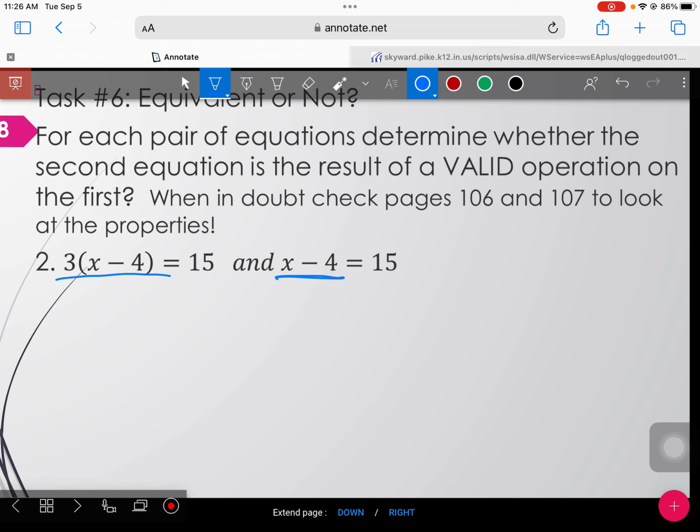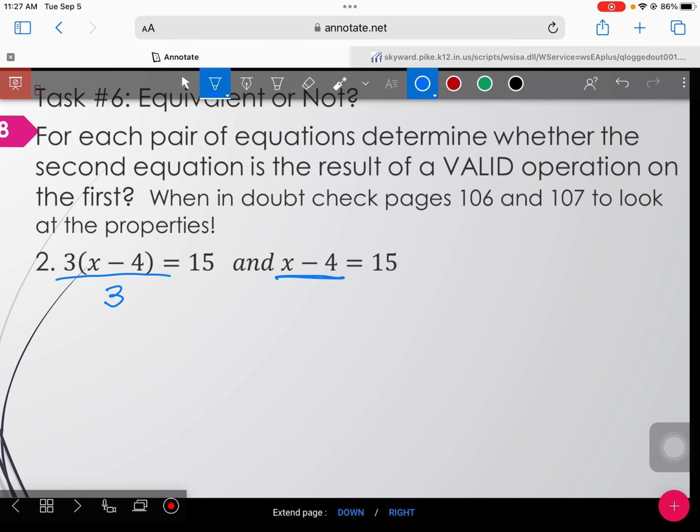Huh? Divide by 3. Okay. And so what would it look like? Do I do anything else on the first equation? If you divide the left side, what do we always have to do on the other side?